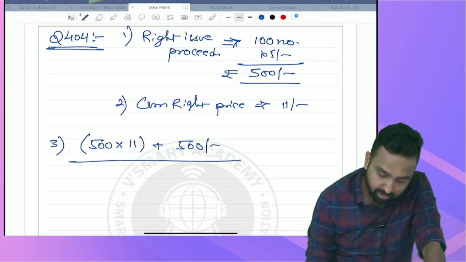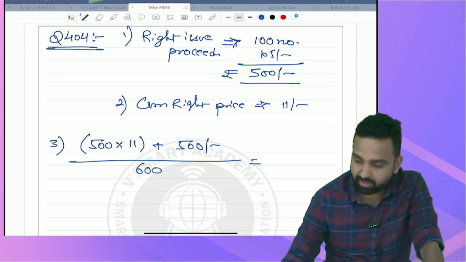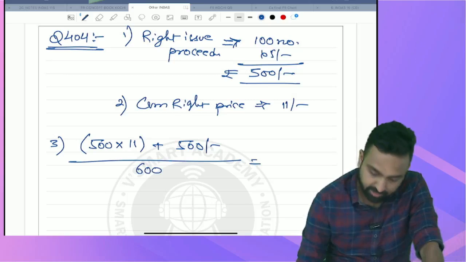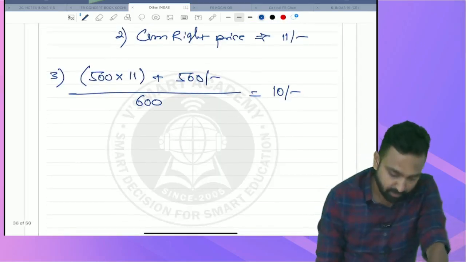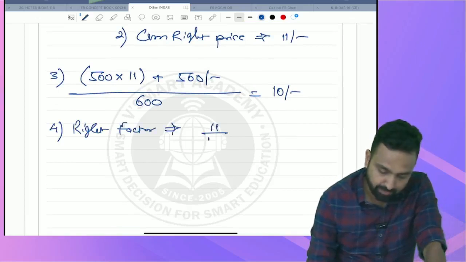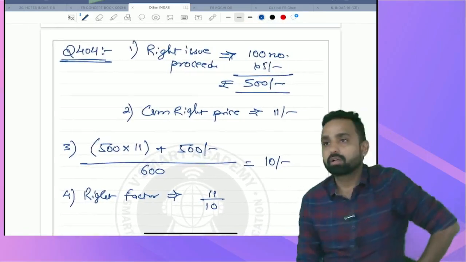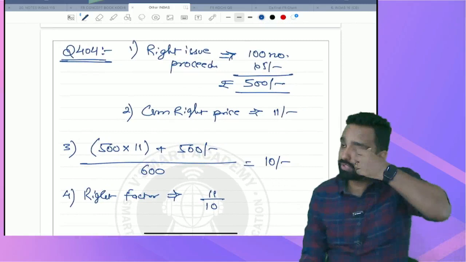Whole divided by total number of shares after right issue 600. 500 into 11 plus 500 divided by 600. It's 10 rupees. So what is the right factor? 11 divided by 10. This is the first part of the question.